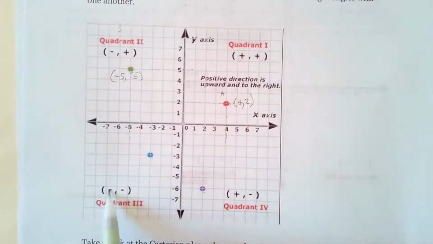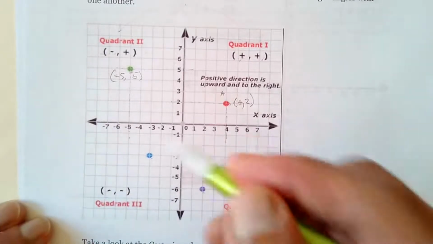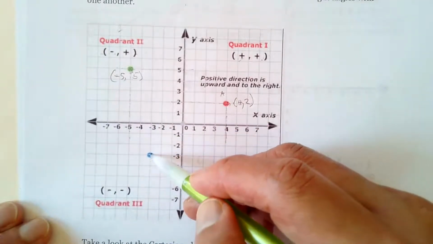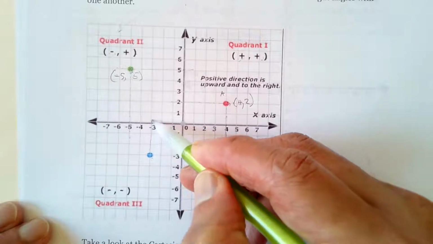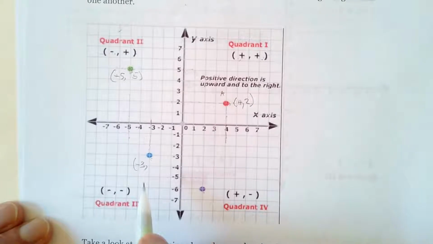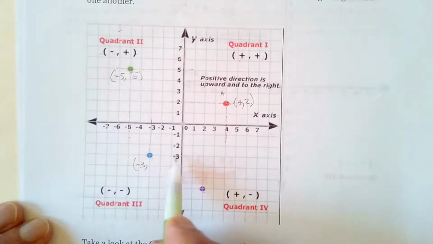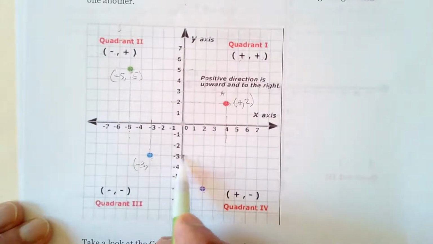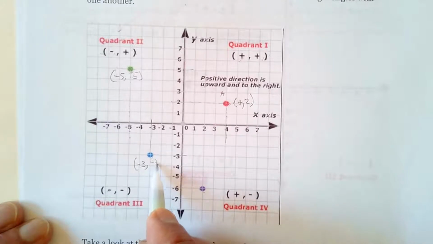Third, according to our notes here, it should be negative and negative. X should be negative, y should be negative. Let's see how that works. We go straight up here, it hits -3. Put a comma, and horizontally, -3.